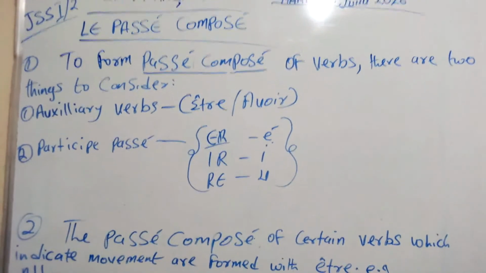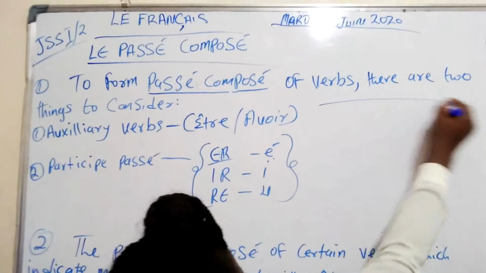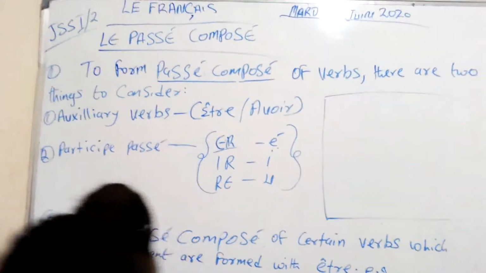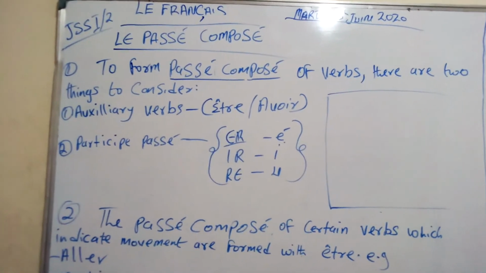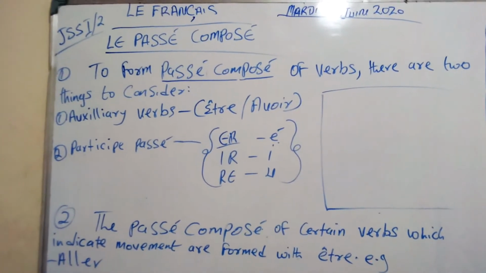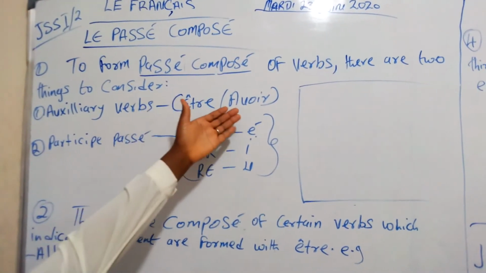Example, the verb that ends in ER is parler. Parler here has to do with avoir, or you use either avoir or être.